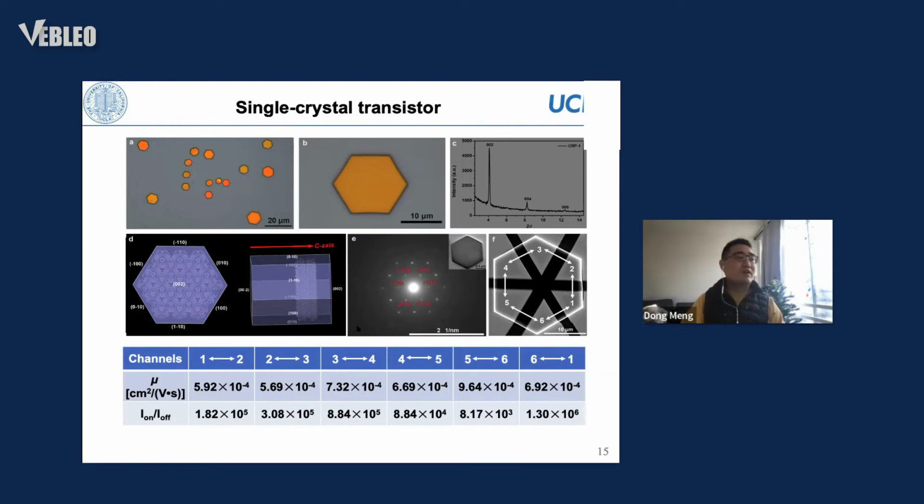We find different orientations have similar mobilities. Maybe it has isotropic properties. So this is a mobility suited to organic solar cell applications.